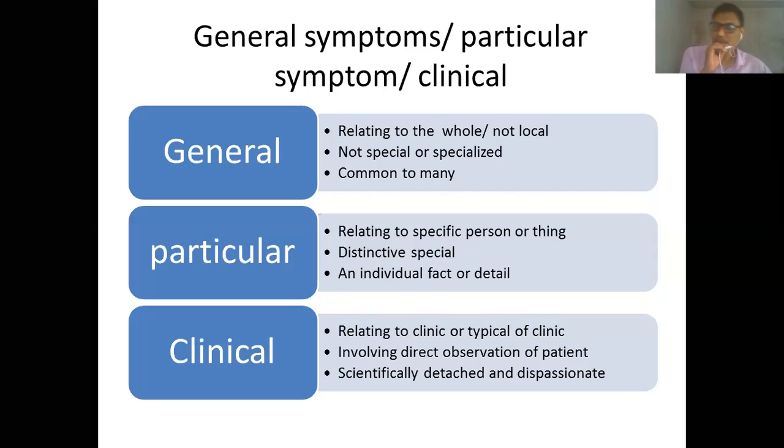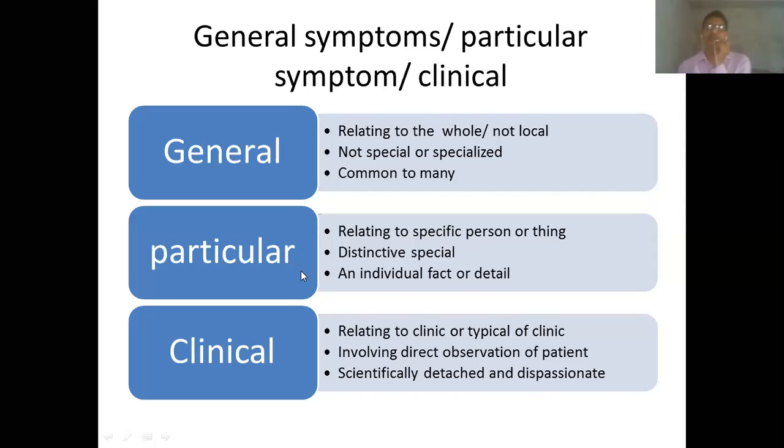And most of the time in homeopathic materia medica, the second meaning is more important. It is relating to the whole body, not relating to a specific part. Is it clear? Whenever general symptom is used in homeopathic materia medica, it means a symptom related to the whole body, and this symptom is not related to a particular part. And then the second one is the meaning of particular.